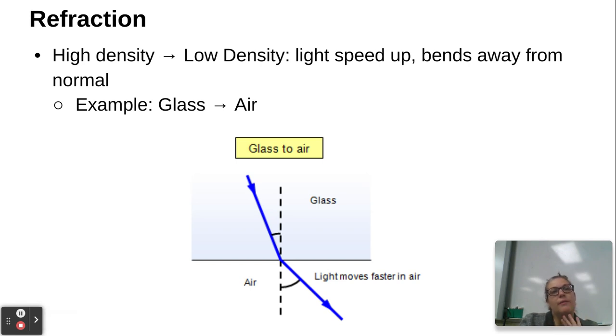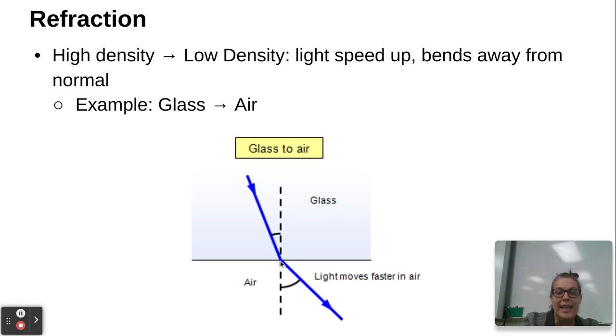So when we're moving from an area with a high density to a lower density, think about it like moving from the sand to the pavement, you're going to start to speed up. You're going to move quicker. What happens with light is light speeds up, and it's going to actually bend away from the normal because the incoming ray is traveling slower.